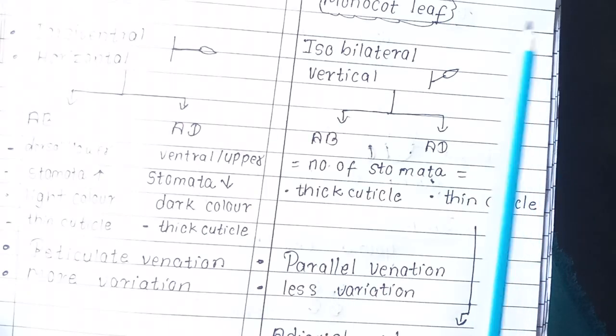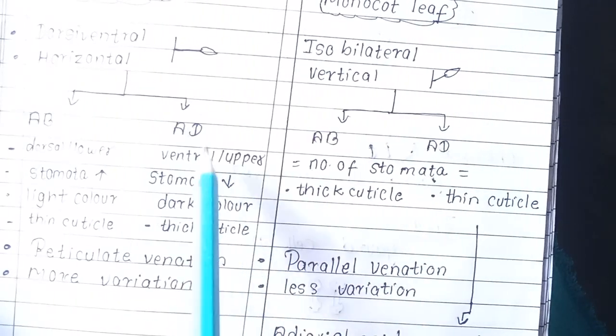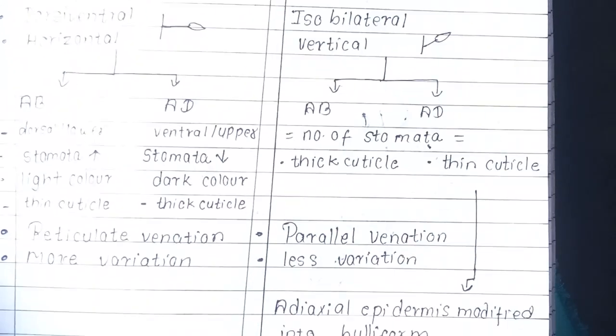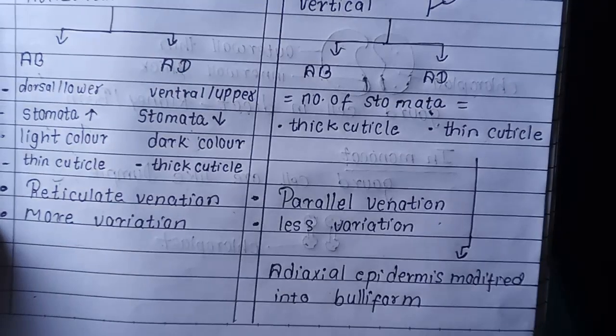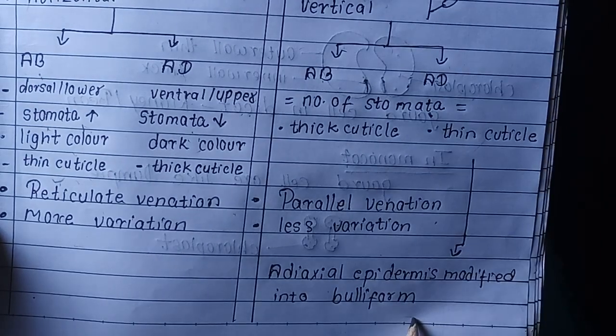There is thin cuticle of adaxial epidermis in monocot leaves, and thick cuticle in adaxial of dicot leaf. There is parallel venation in monocot leaves, whereas there is reticulate venation in dicot leaf. Adaxial epidermis is modified into bulliform cells.